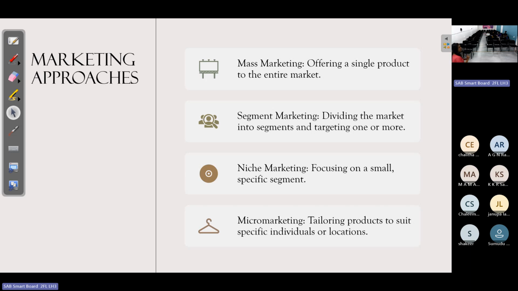You can write down an example there, niche marketing. Examples: serving luxury products to high income level consumers.